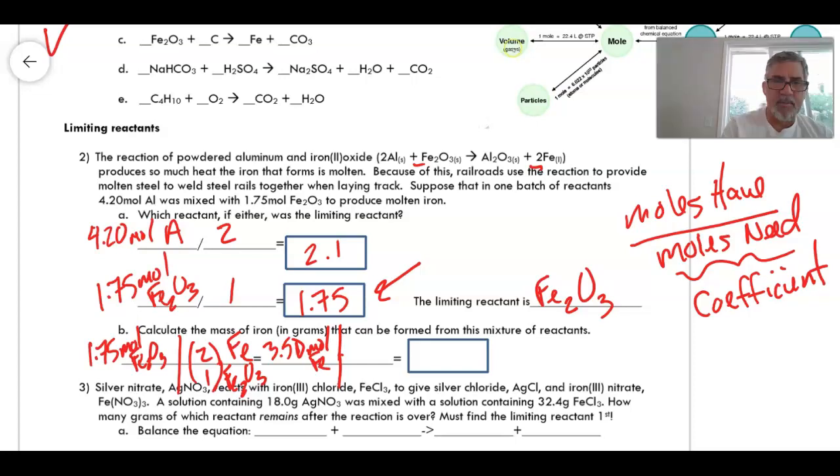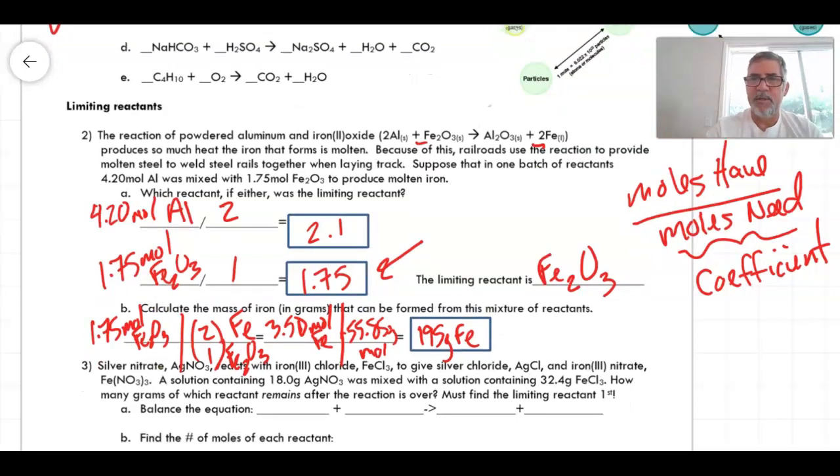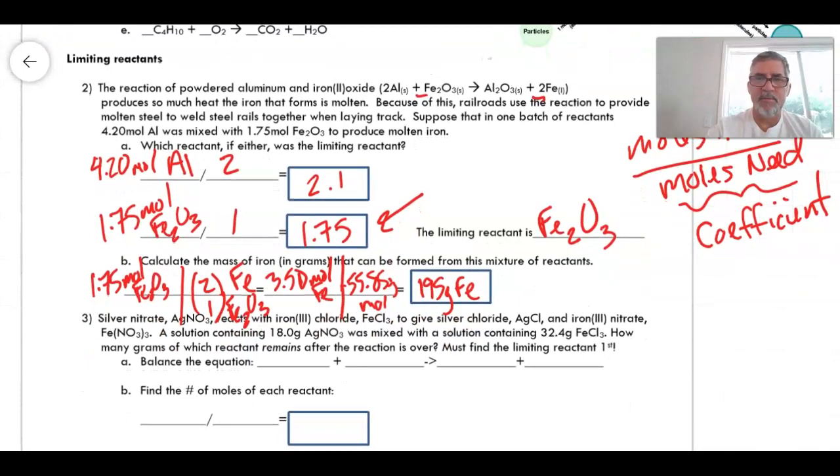and I multiply that by the molar mass of iron. That's 55.85 grams, and then I get 195 grams of Fe. So that's how you do that. And then my HAl here would be in excess. Okay, so if it's not the limiting reactant, it's in excess.